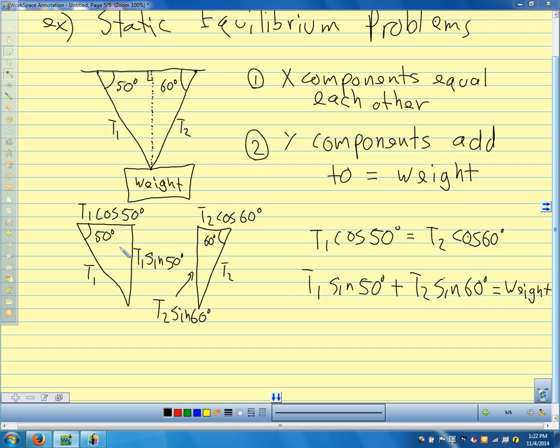But you're always going to set the problem up the same way. Find the x parts, they have to equal each other. Find the y pieces, they have to add together to equal the weight. So number 98 and 100 are problems like this. Always set them up the same way. You always end up with a system of equations. All right, questions there?